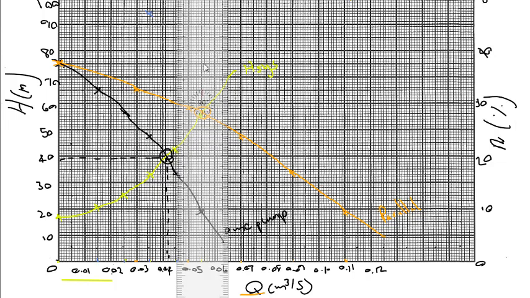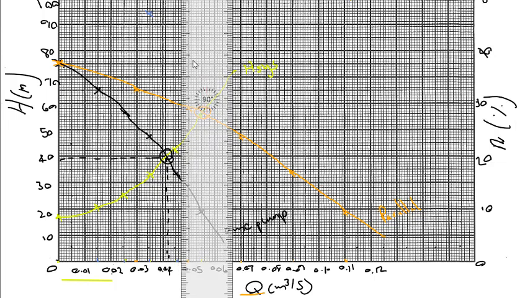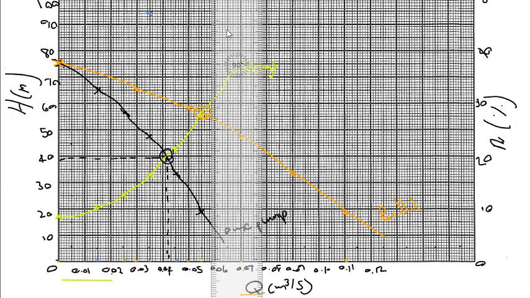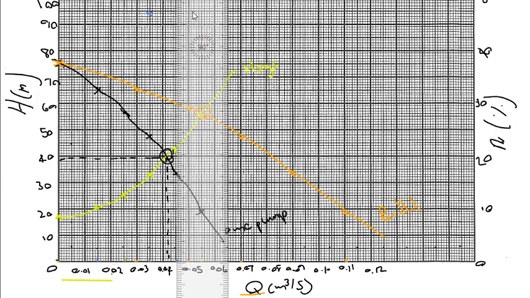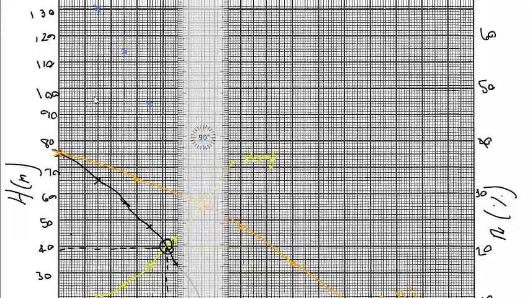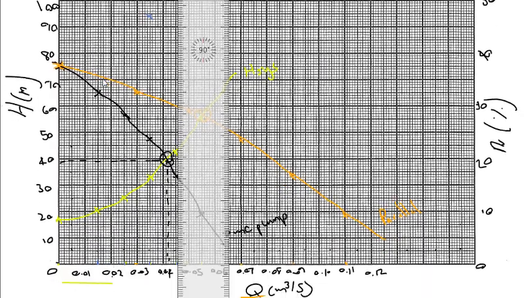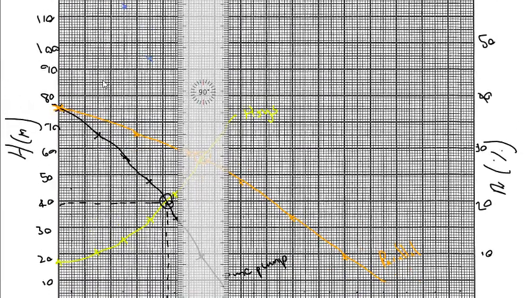That's perfect. Okay, so there we go. So that's 0.045, and we need to look at the head value being 68.